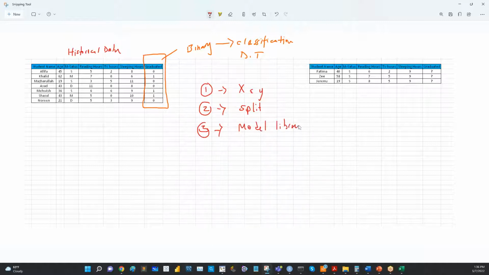Number four, we are going to train the model. Number five, we are going to test the model.